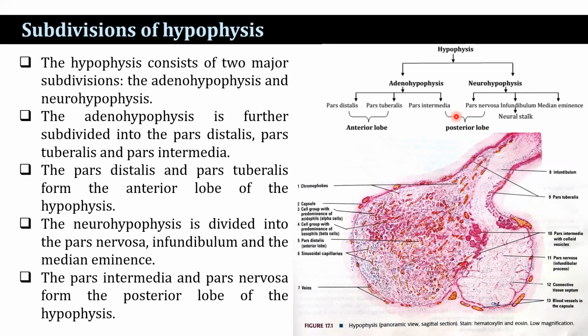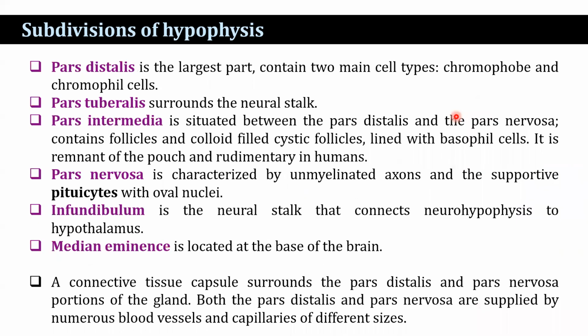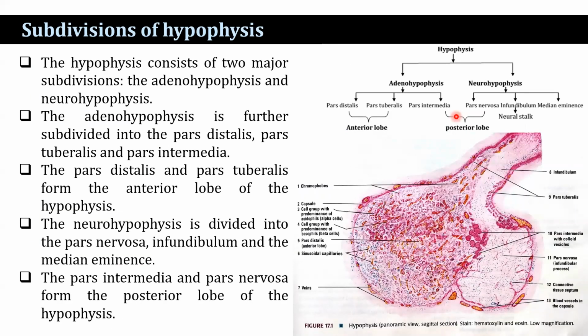So first, the pars distalis is the larger part, and it contains two main cell types: chromophobe cells and chromophil cells.